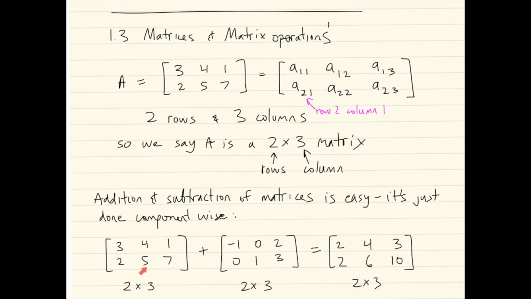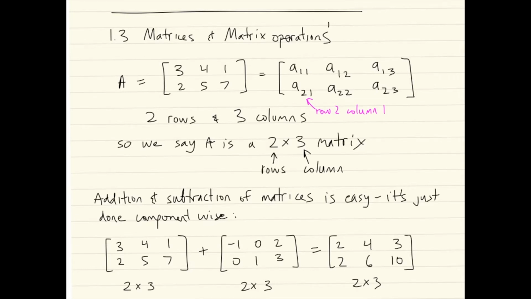Similarly, let's take, for example, the 5 and the 1, add them to get 6, and so on. So addition and subtraction is similar. Those are easy. You just do it component-wise, meaning in each particular position, you take the sum of the terms in that particular position.